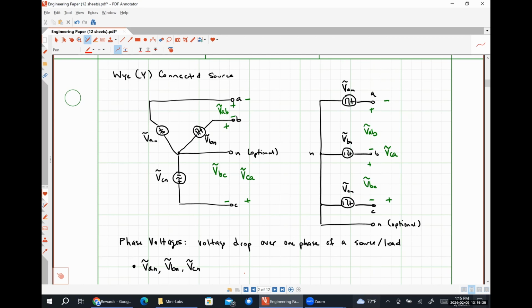Anytime I draw a phase current, it will be from an absorbed power perspective, regardless of whether it's on a source or on a load. So my phase current would be this current, IAN, this current, IBN, or this current, ICN.